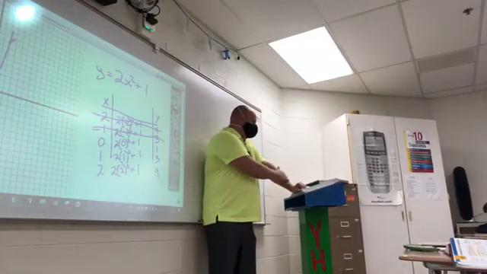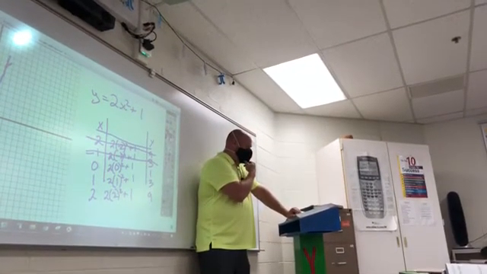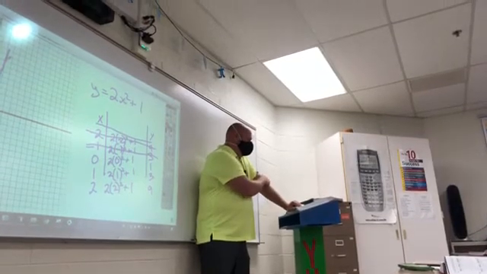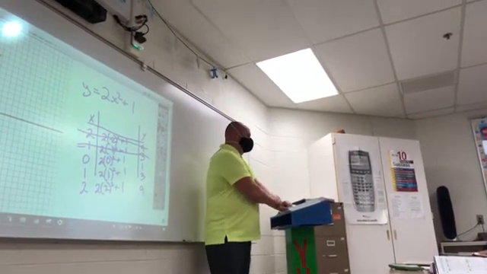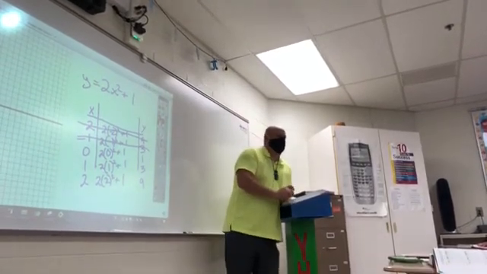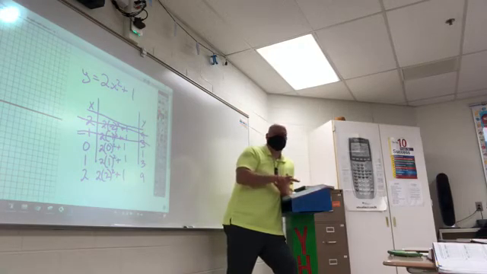Take a look at page 57. 2 through 5. Plotting points. Easy? If I just give you a piece of graph paper and say draw that graph, easy?